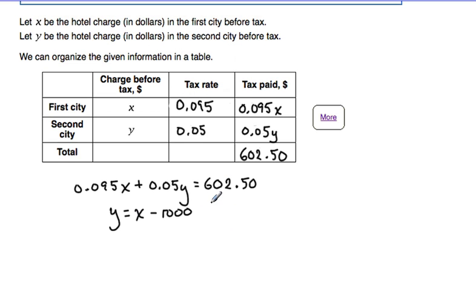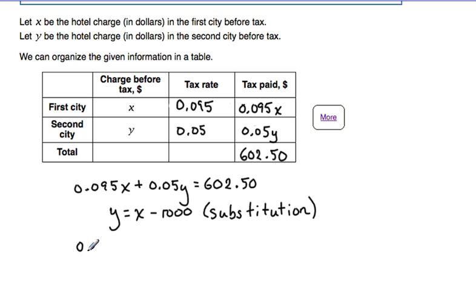And the way we're going to solve this problem is by using substitution. Instead of writing y in the first equation, we're going to substitute x minus 1,000. So let's go ahead and do that.